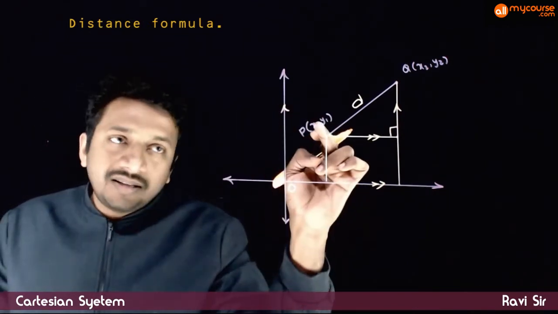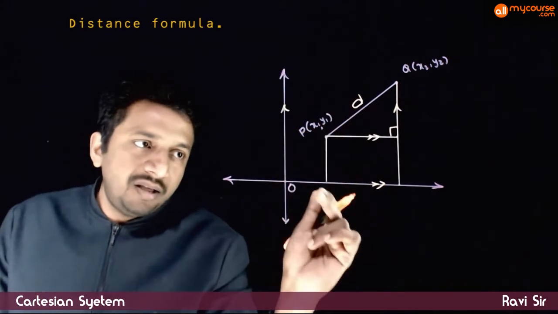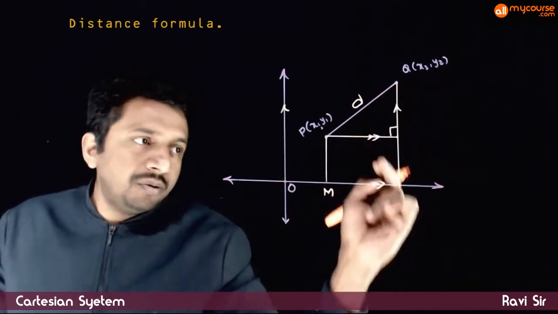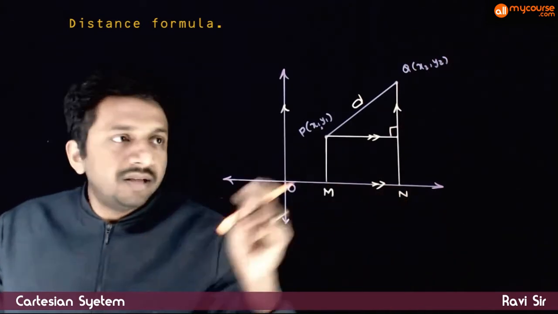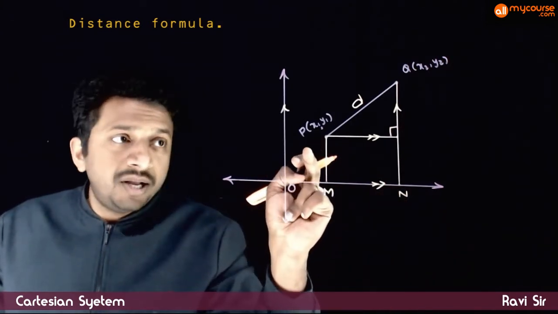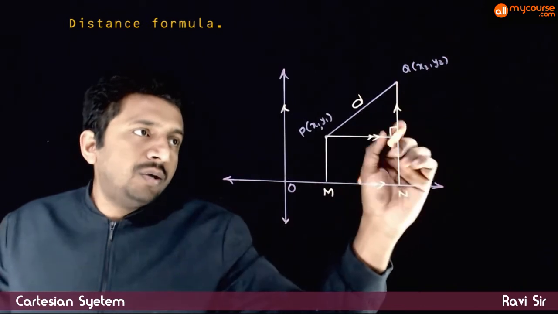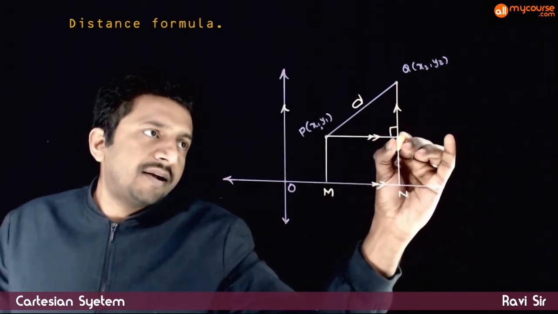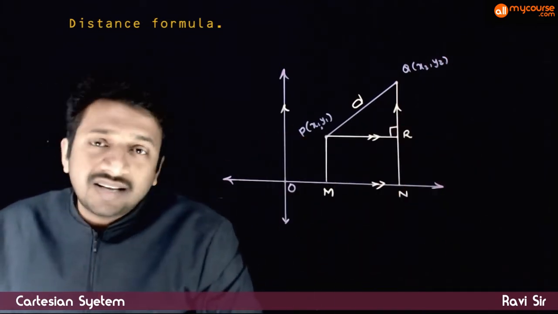Let us say that the foot of the perpendicular of P on x axis is M. Let us say that the foot of the perpendicular from Q on x axis be N. And let us say that the foot of the perpendicular of P onto QN is R. So now this is the construction that we do.